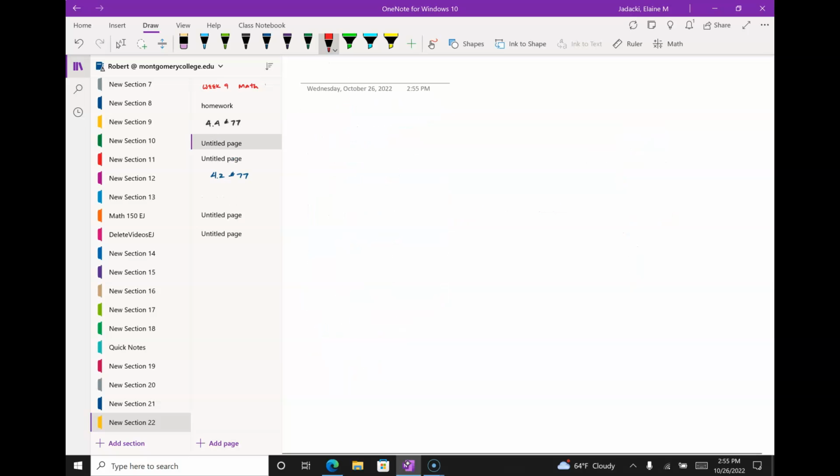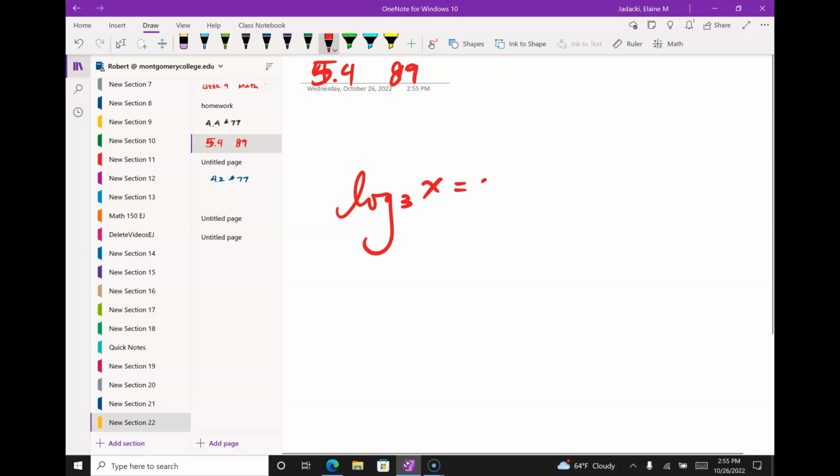Nice. Let's do the last one here, and then we can move on. This is 5.4, number 89. I've got log base 3 of x equals 2.